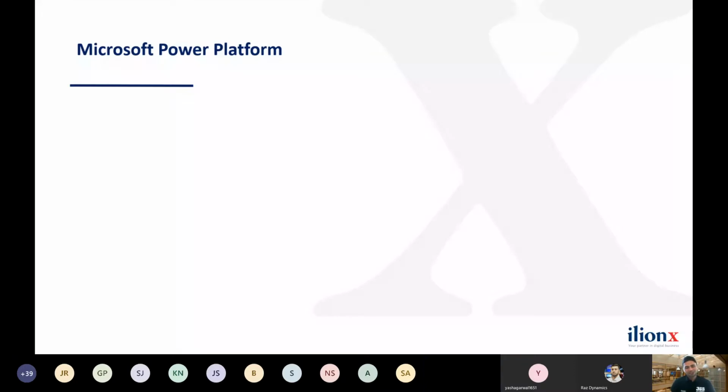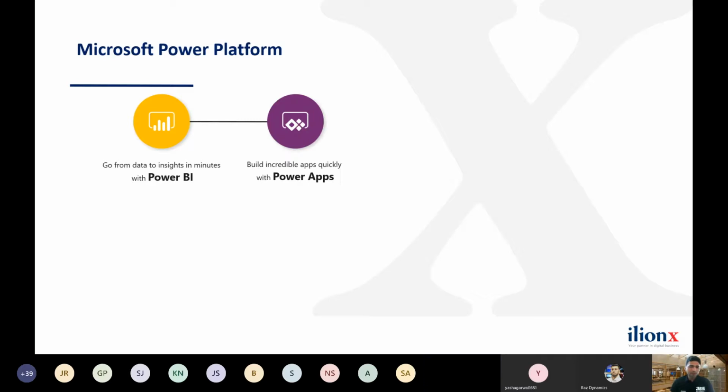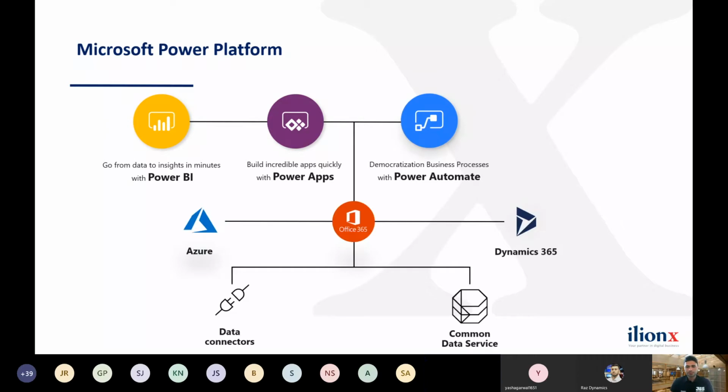Okay, the Microsoft Power Platform. So in the Power Platform, we have 4 components. The first one is Power BI to get insights from your data. The next one is Power Apps, where you can interact with your data like a front end. And then we have Power Automate, the workflow engine of the platform. And then in the Power Platform, we have Office 365, Azure, and Dynamics 365.